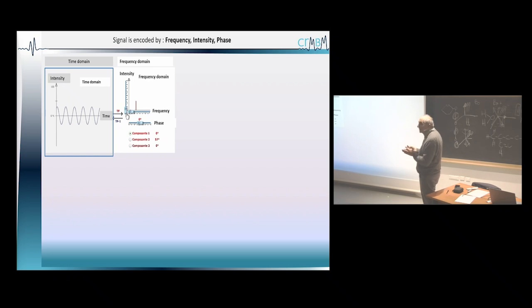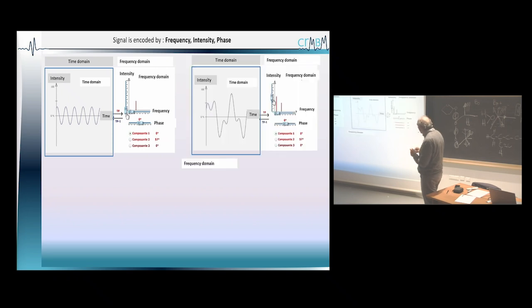And if you have multiple components, because as you know, you don't image just a bottle of water. Imagine you image the brain. You've got some liquid. You've got different types of cells. You've got also fat. So you're going to have multiple frequencies. You're going to have multiple phases. So if you start from a signal here with only one component, if you add another component, you are going to change the chronogram in here.